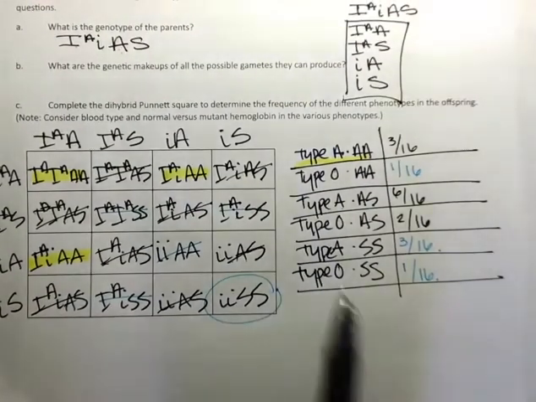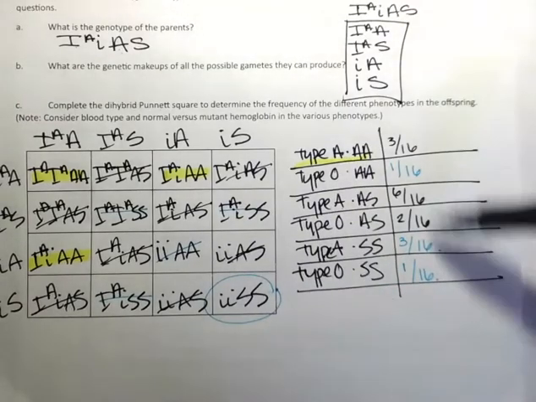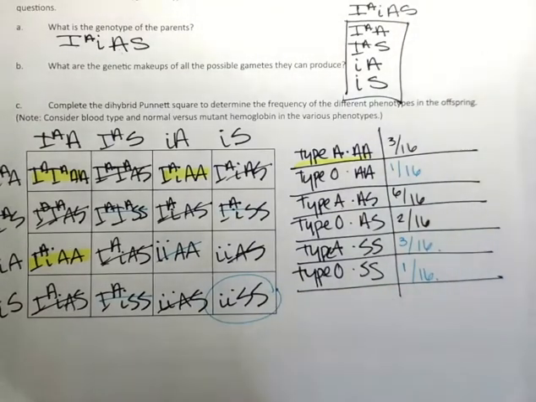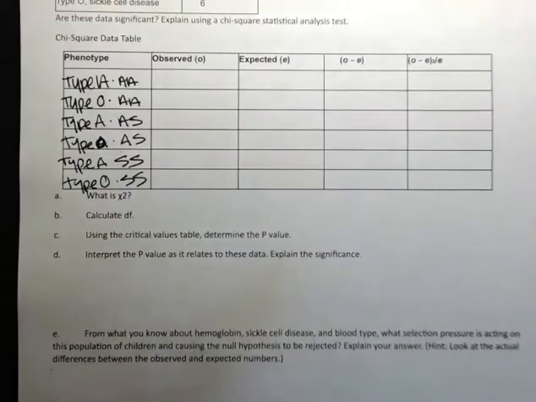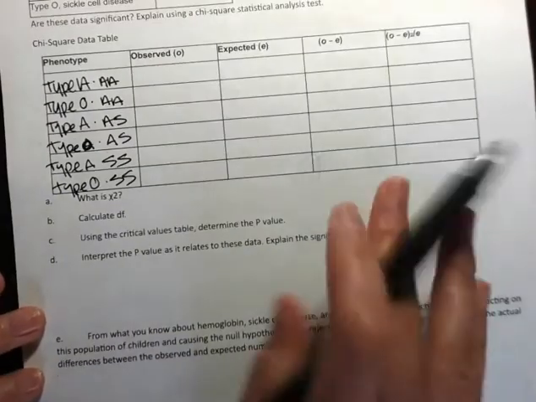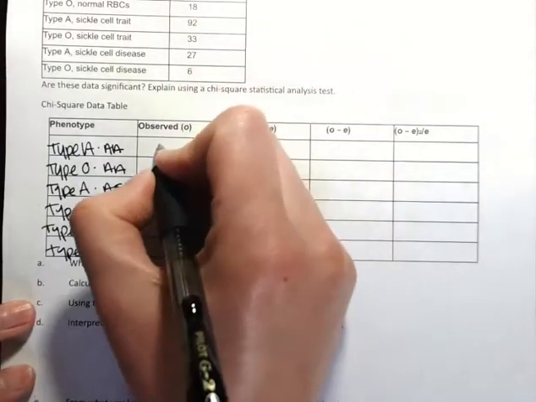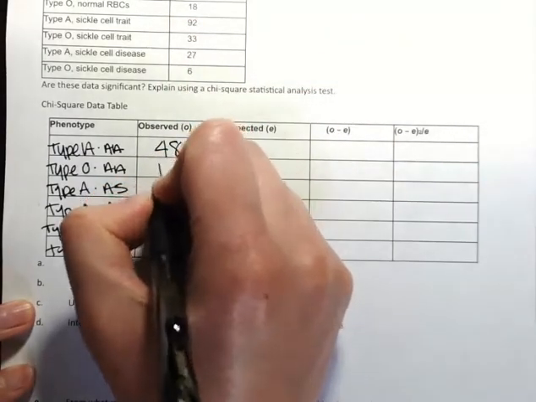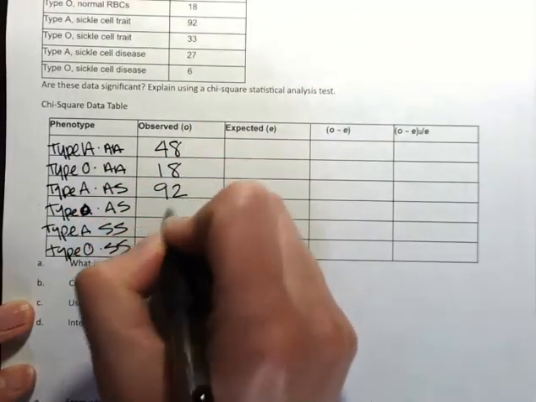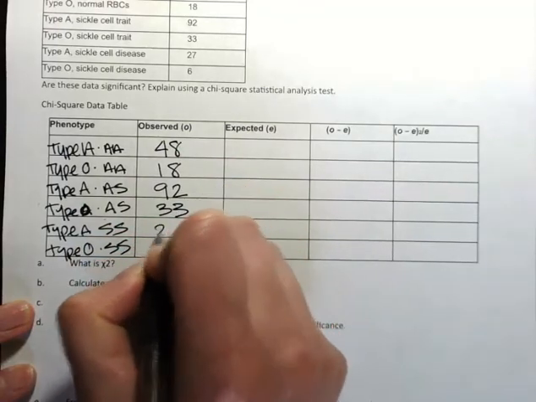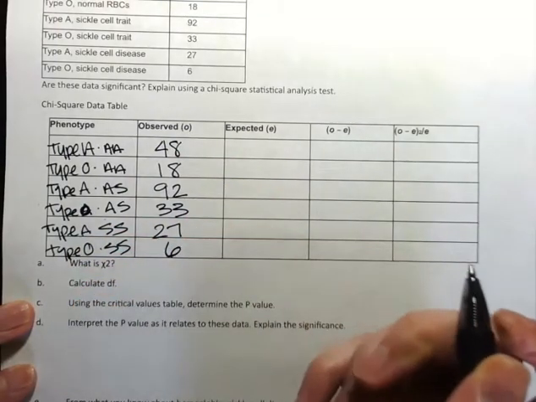You can see that we've already figured out the probabilities for each of these. So I'm going to use those numbers to calculate my expected. So my observed is already given, so I've got 48, 18, 92, 33, 27, and 6.